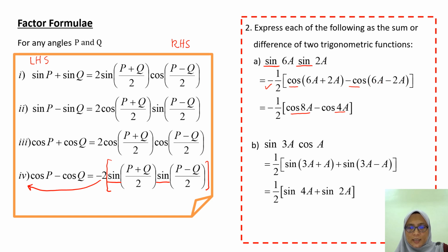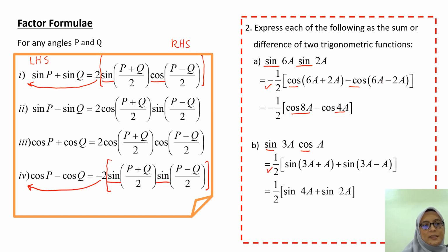Okay, so the second one, B, sin 3a cos a. We look at the right side for sin times cos. Which of the formulas has sin times cos? If we refer, sin times cos is from the first formula. Same as before, we want the part that has sin times cos. So the 2 has to be moved to the left side. That's why you have 1 over 2.